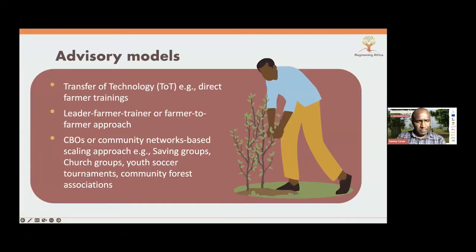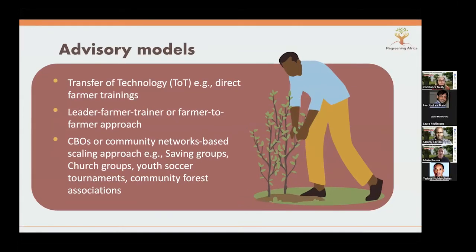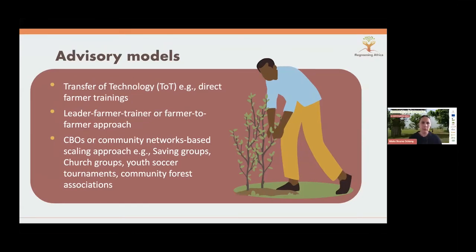So that's just a quick snapshot of the practices that have been central within Regreening Africa. And I just wanted to summarize a little bit on the advisory models. Of course we have these practices, but the way we're reaching out to the community, there's been a variety of models. As you've seen, there are many implementing partners, and you're about to hear from them. But just as an overview, we have the training and transfer of technology, direct farmer training, working with government extension.